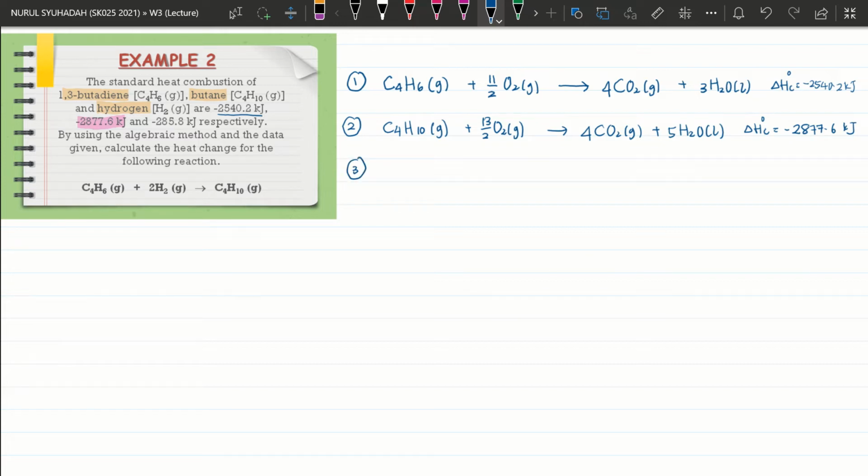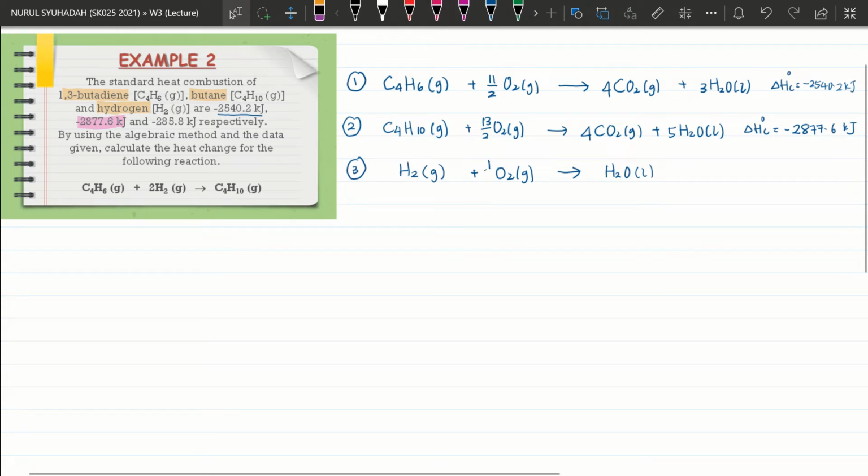And the last one is for combustion of hydrogen. H2 gas plus oxygen gas, the product that you will get is H2O, and put it as liquid since it is at standard condition. Balance the equation: hydrogen is already balanced. On the right hand side oxygen is 1, so it will be half oxygen.